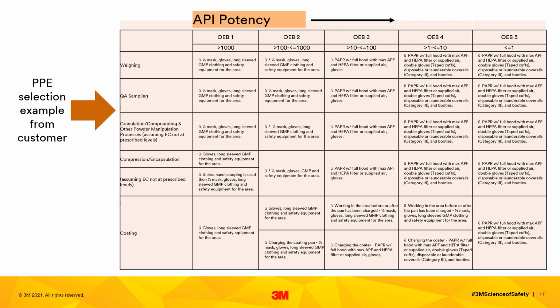And then they would say, okay, if I have a band OEB 4 or 5 chemistry, which is kind of getting into that potent compound range that I talked about before, so you especially kind of want to focus on those potential customers that have OEB 3, 4, and 5, because those are the more toxic compounds.